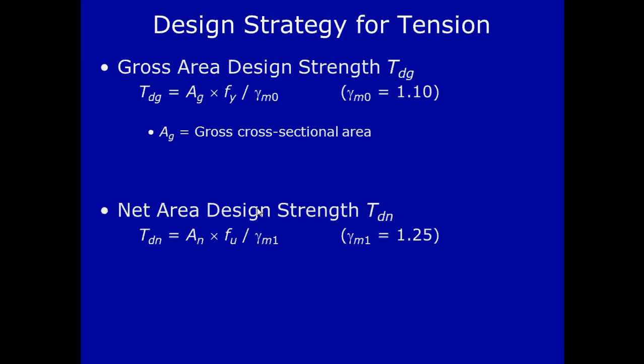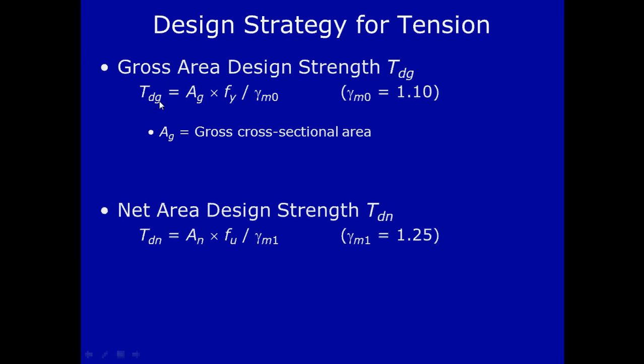These are the formulae to calculate the tensile strength of a plate. The first one is to calculate the tensile strength of the plate in case of cross section failure, and the second one is to calculate the tensile strength in case of net section rupture.